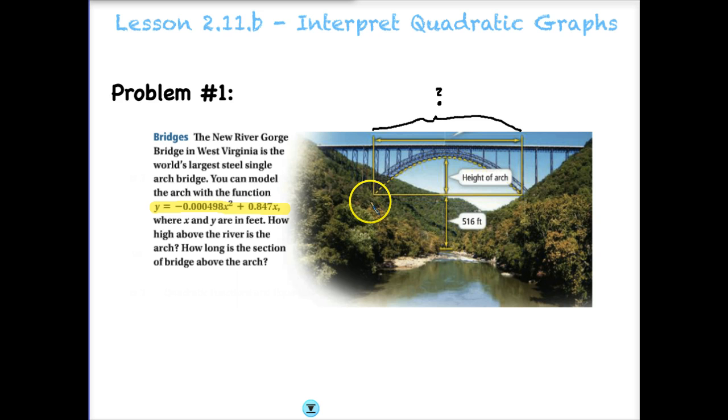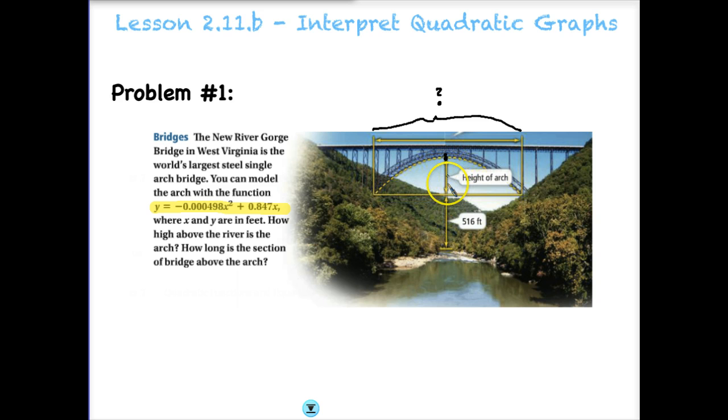Luckily, we understand how to find certain things in a quadratic equation from the last lesson. If we take this arch, we can determine this point here, because this point is going to give us our vertex. If we can determine the vertex, we will be able to determine this height.